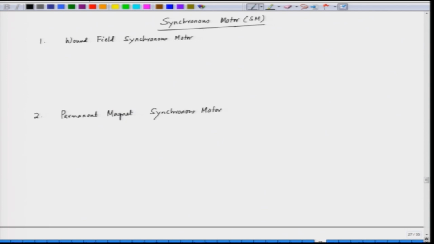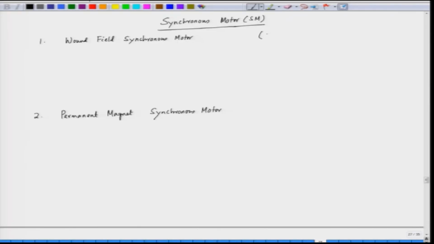Synchronous motors are not very commonly found. Especially the wound field synchronous motors are used for very high power applications. High power means in the megawatt range.